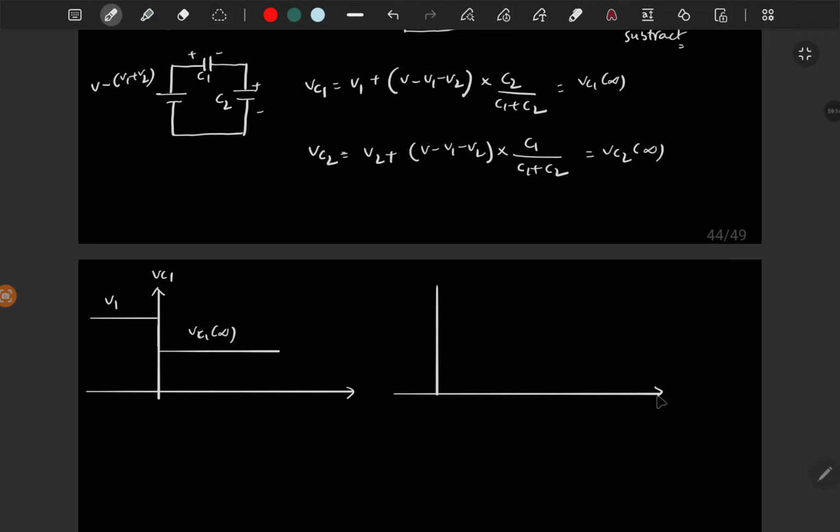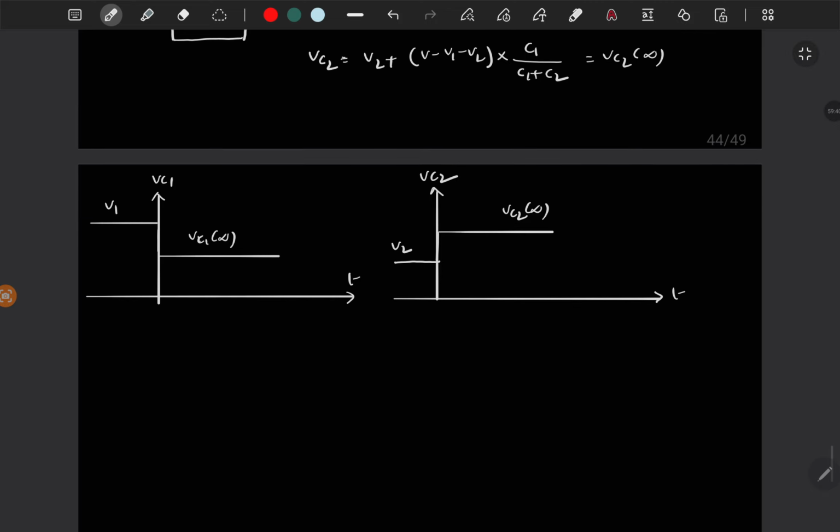Whatever the initial voltage, let's say some initial voltage of V2, it can go higher or lower, it depends on the values. So you will get VC2 of infinity. Depending on these two, you will get some impulse currents. For both the currents, for t less than 0 the currents are 0, and for t greater than 0 also the currents are 0, because for t greater than 0 both the capacitors are having constant voltage.